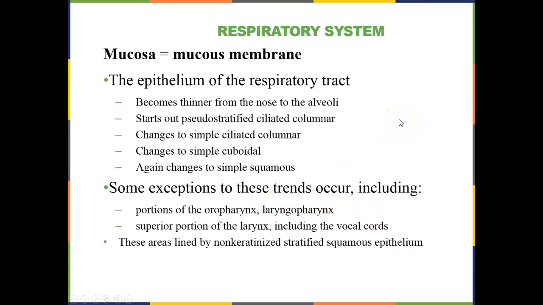The pharynx has two functions, so it's part of two different organ systems. We have it in the respiratory system for air or gas exchange, but we also have it in the digestive system for movement of food to the esophagus. Because of that, we have to have a thicker tissue.